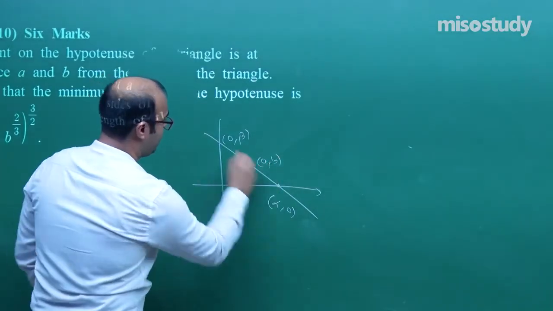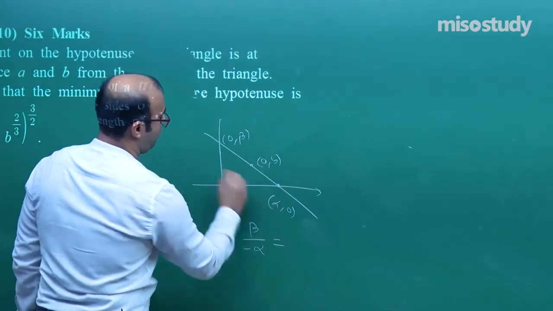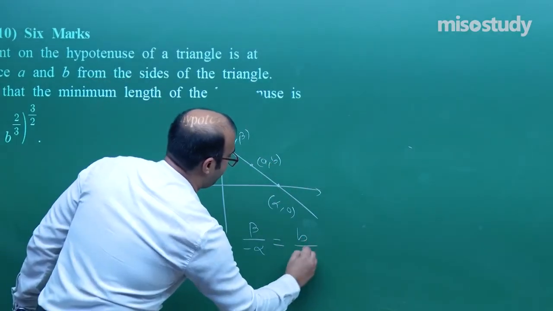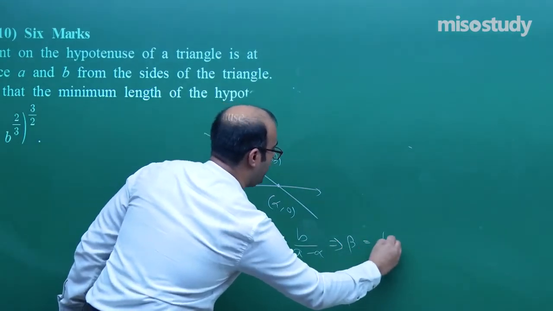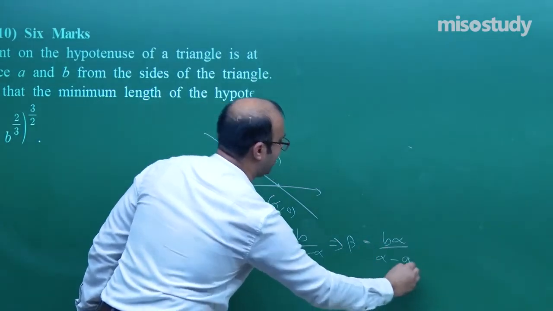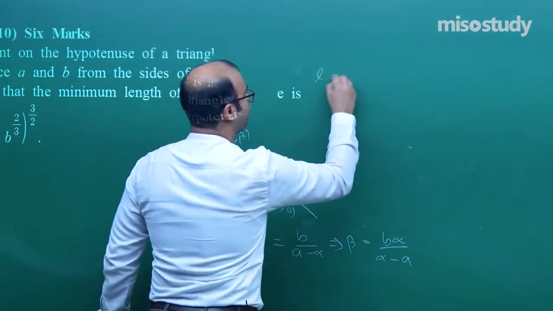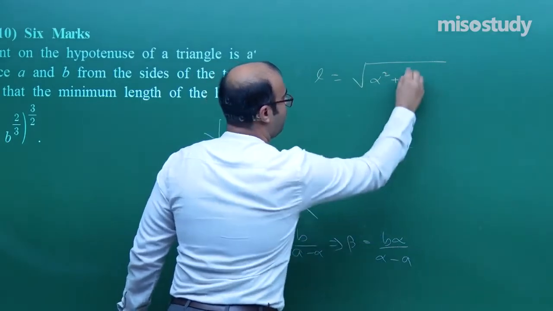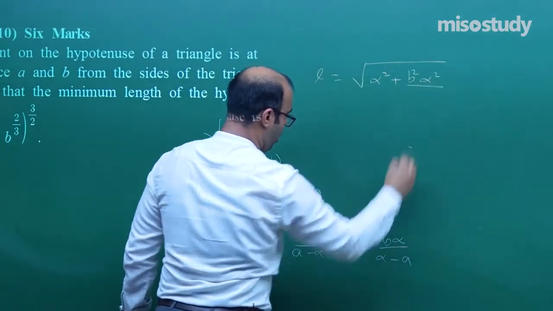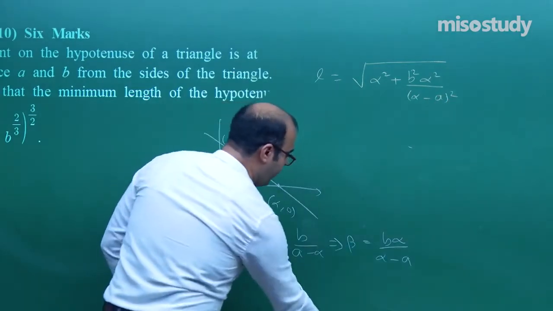Then we said that this slope, beta by minus alpha, is equal to b by a minus alpha, which we wrote as beta is equal to b alpha by alpha minus a. So this was beta in terms of alpha. Length was root over alpha square plus beta square, so alpha square plus b square alpha square upon alpha minus a whole square. So this is what we did.